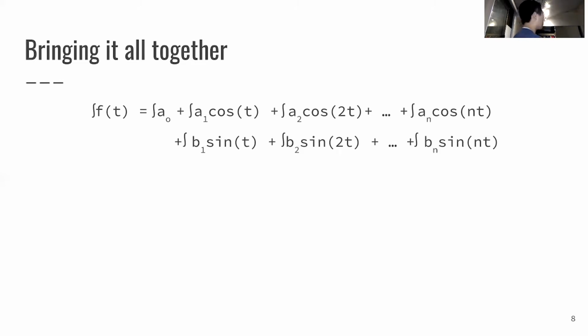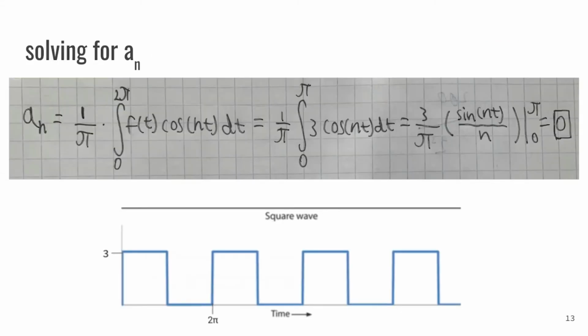Take it over, Itamar. Our formula for a of n is 1 over pi times the integral from 0 to 2 pi of f of t cosine nt dt. And again, we can split the integral into 2 other ones, one from 0 to pi and the other from pi to 2 pi.